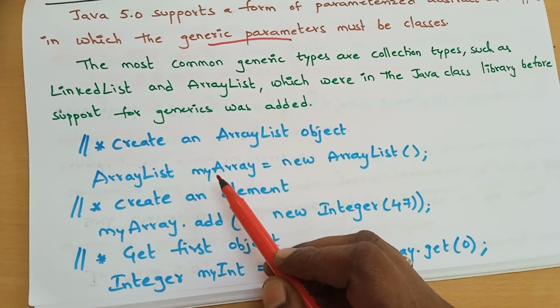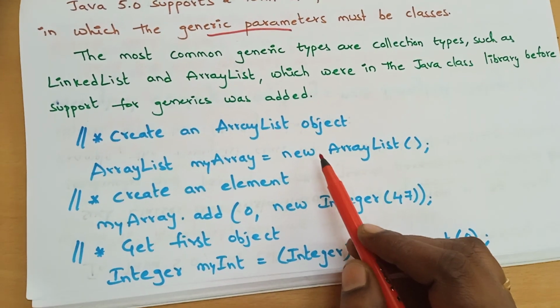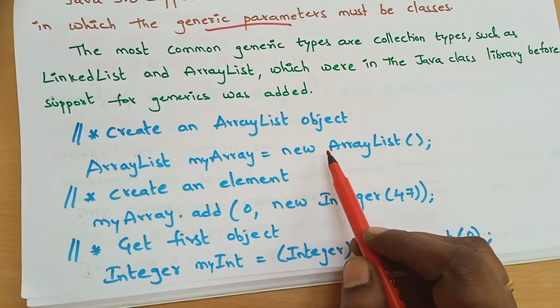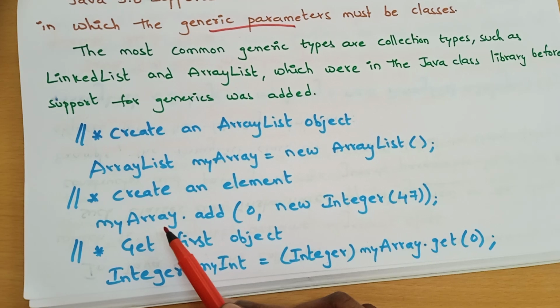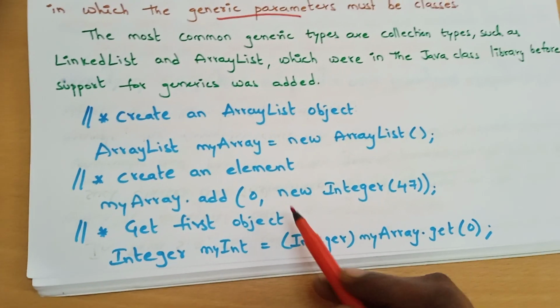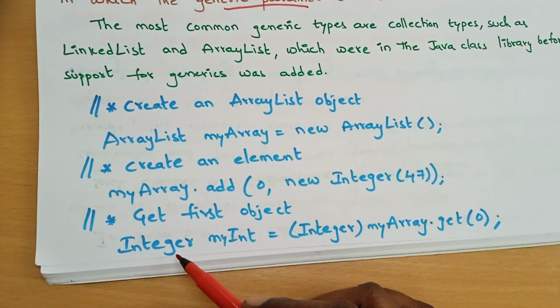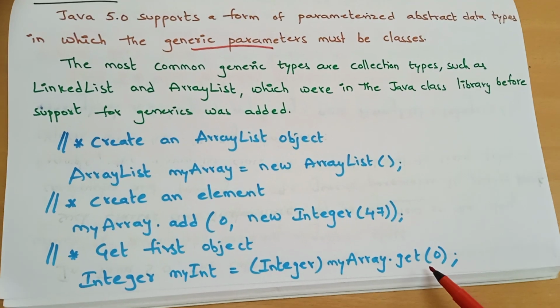Then we add an element, myArray.add(0, new Integer(47)). Now to get the first object, Integer myInt = (Integer) myArray.get(0).